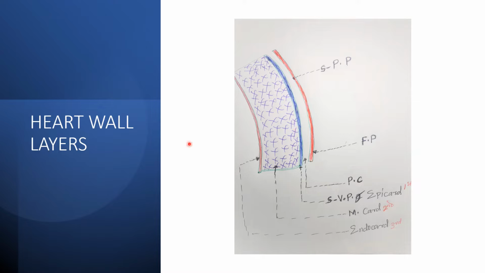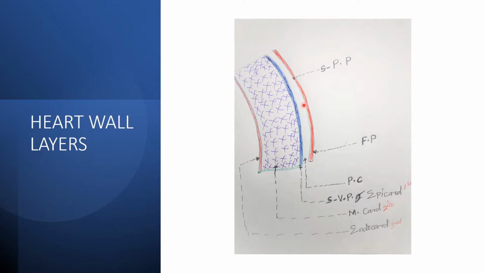Detailed explanation about heart wall layers. Our goal is about endocardium, but we can't just get there without going through the entire layers. The heart is in a sac, the pericardial sac. The pericardium has different layers also. The first part of the pericardium is the fibrous pericardium. Then the next layer will be the serous parietal pericardium.